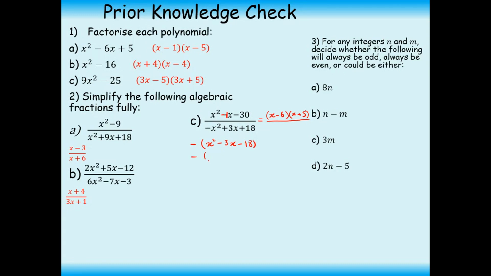Now I know that two numbers need to multiply to negative 18 and add up to minus 3. I'm going to just put x and x there. So factors of 18, 2 and 9 are not going to help us. 1 and 18 aren't going to help us. 3 and 6. If I put the minus sign in front of the 6 and plus sign in front of the 3, that seems to do the trick.